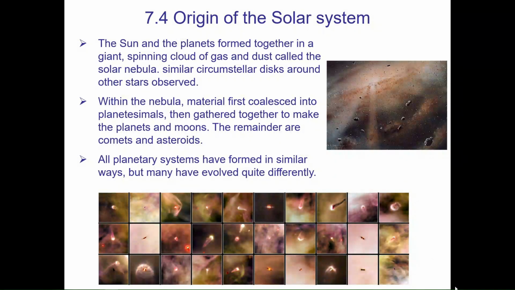And the other clue is about other planetary systems. Although unfortunately we cannot observe the formation of our own solar system, if we look at the universe, there are actually a lot of stars in the formation stage.